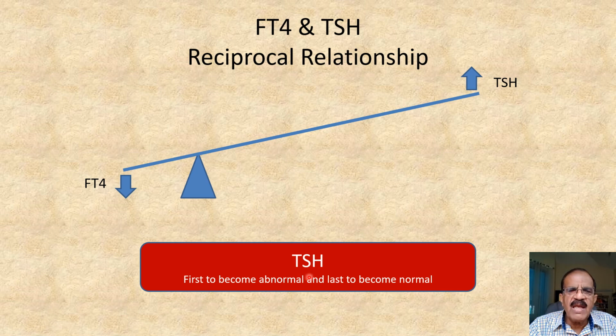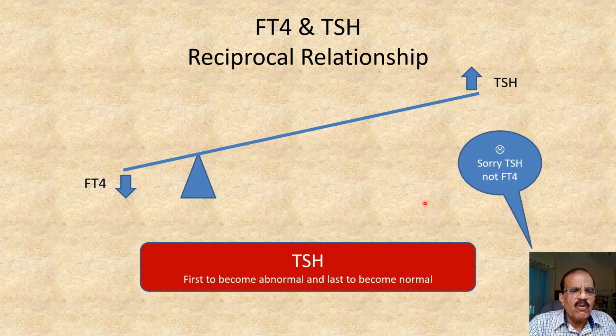So that is why TSH is the most sensitive test. It is the first to become abnormal and the last to become normal once you give them treatment. So TSH is a very useful, very sensitive test for patients with primary hypothyroidism, because when we start treating them, we have to repeat their thyroid function tests many times.